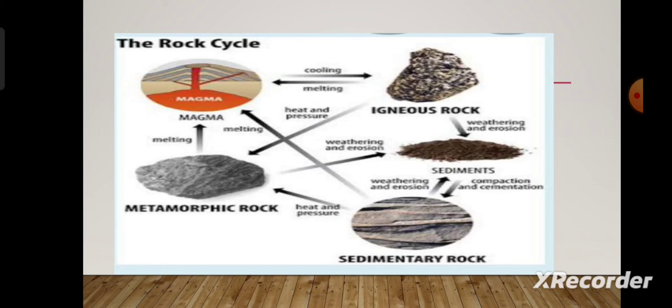And these sediments get deposited in a particular location or area to form sedimentary rocks. These sedimentary rocks, when high heat and high pressure are applied, convert into a metamorphic rock. And this metamorphic rock, when it is melted, forms hot magma again.